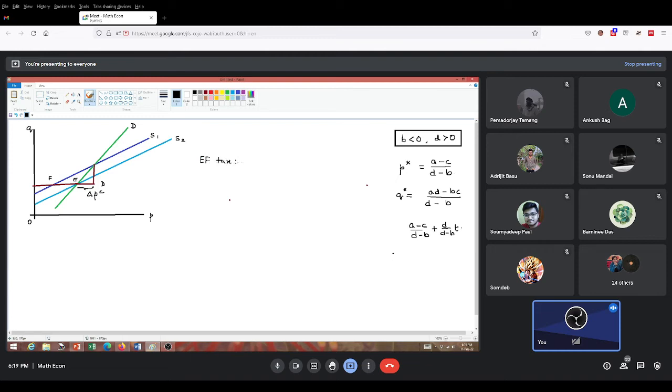So EF is the tax amount. When you impose the tax, then the price falls by DE. Okay, so we move from here, the price falls by DE.